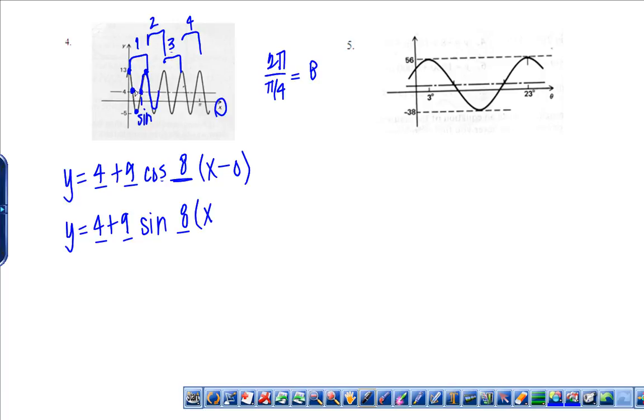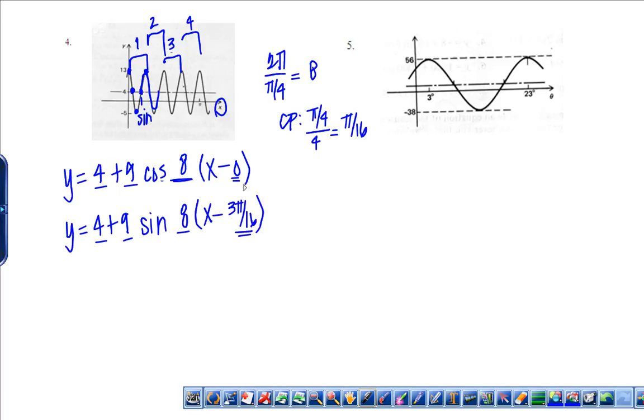So it looks like, I'm going to find critical points real quick. Pi over 4 divided by 4, and I can get my critical points. That's going to be pi over 16. So each one of these points is pi over 16. So it looks like my sine is going to be 3 pi over 16.